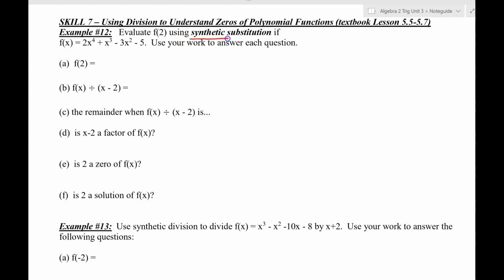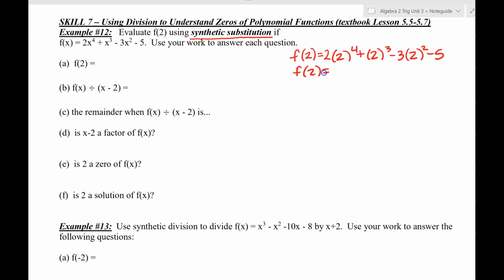First, I just want a vocab idea here. They might use the term synthetic substitution. Generally, if you substitute 2 into a function, you take that function, I'm using the f of x that's here in our problem, and you substitute in 2, and then you finish this calculation.